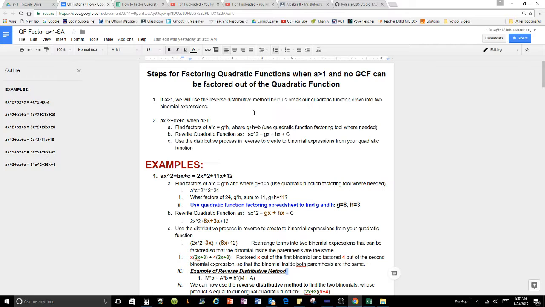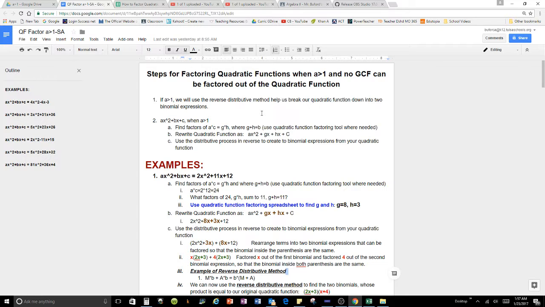In this case, we're going to look for g and h, but the g and h will give us information that we can use to rewrite our quadratic function, sort of break it up into two parts.